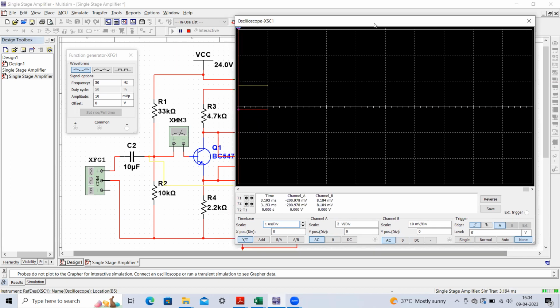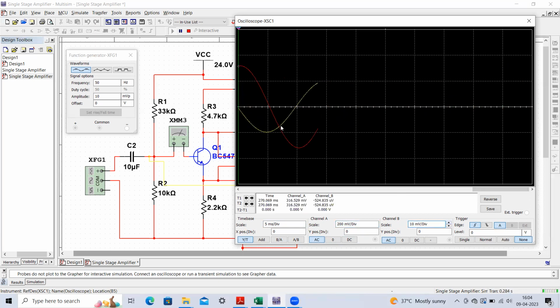Now we have to properly adjust this time scale so that this waveform will be visible, right? So here we can see, if we properly adjust this, the waveform is visible over here. Now you can observe that if you properly adjust the voltage sensitivity, at channel A the output is connected, and at channel B the input is connected.